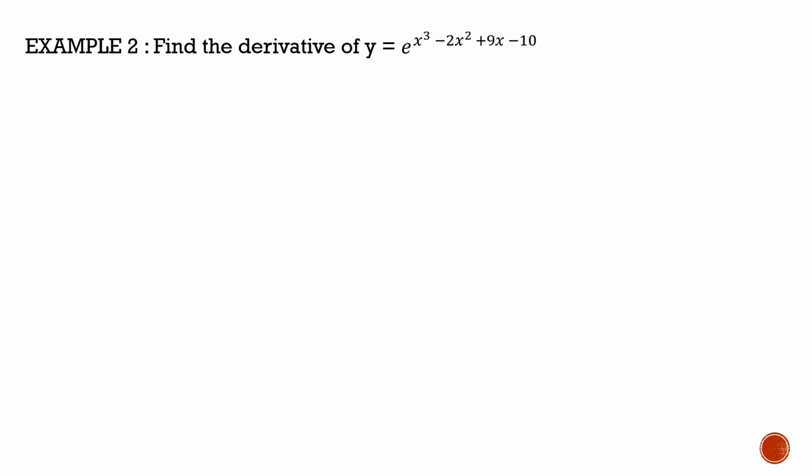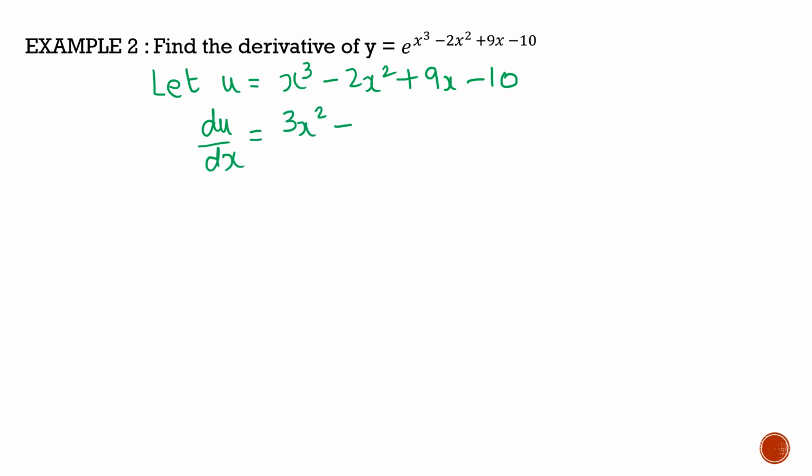Moving on to our next example, well, the power now is a cubic function. Just like our previous example, let me assume that the power is some letter u. So now I am going to differentiate u with respect to x. That will give me 3x squared minus 4x plus 9, and negative 10 is a constant. So y, which is our original function, becomes e to the power u, and once again dy by du is e to the power u.